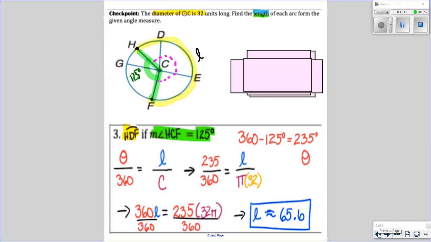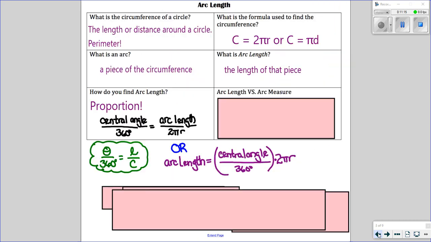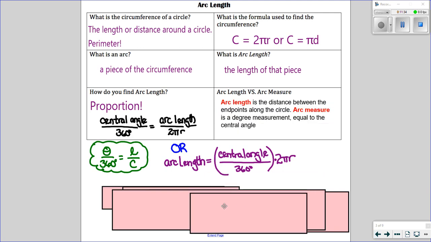All right, so we've reached the end of this. This is a very short lesson, but just as a recap, we learned about the arc length. The arc length is a piece of the circumference that is formed by the central angle. We learned about arc measure, which I should have distinguished. Arc length is the distance between the endpoints along the circle.